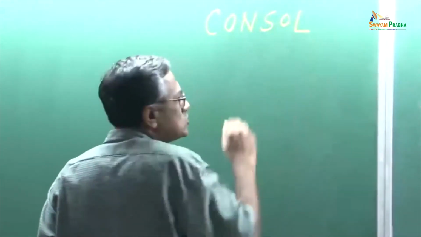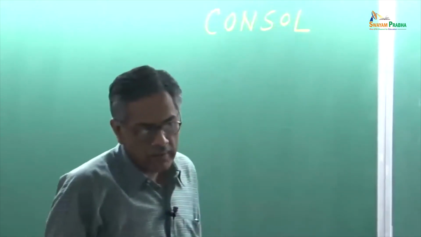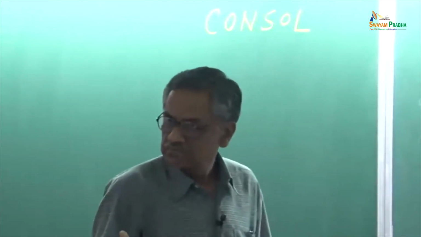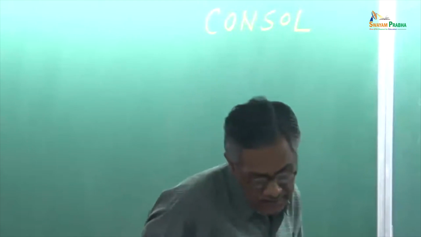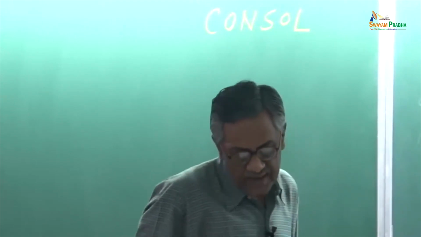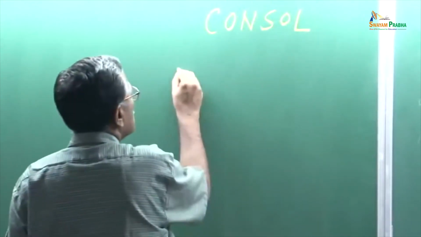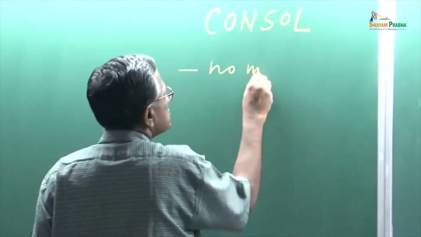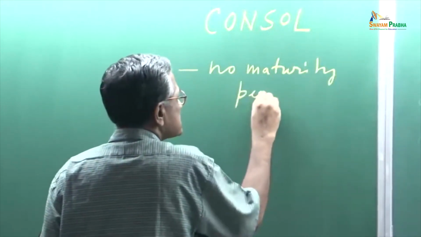A console is a bond which is sold at a price, but it doesn't have any maturity period, no maturity period mentioned, so it goes to infinity in some ways.